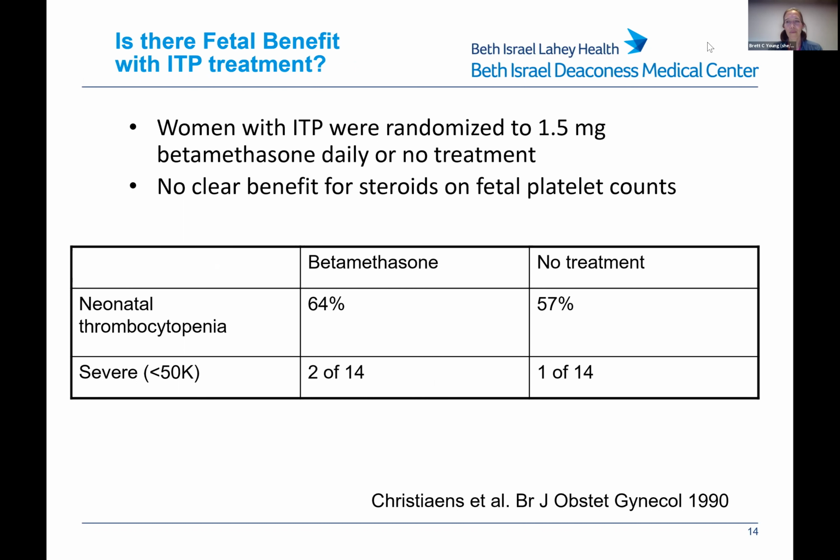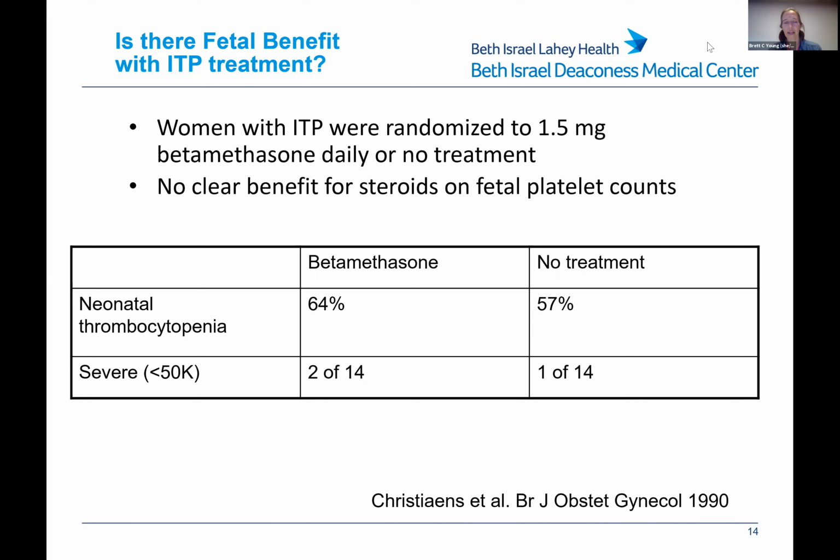One question that sometimes we get is, should we be giving steroids? And if we do give steroids such as betamethasone, a fluorinated corticosteroid that will cross the placenta, as we all know, versus prednisone, does that affect fetal or neonatal platelet count?